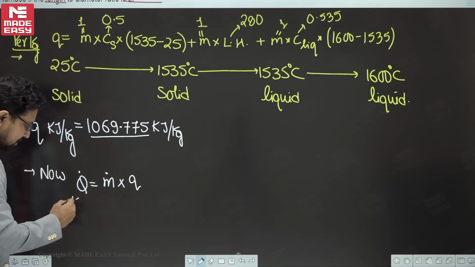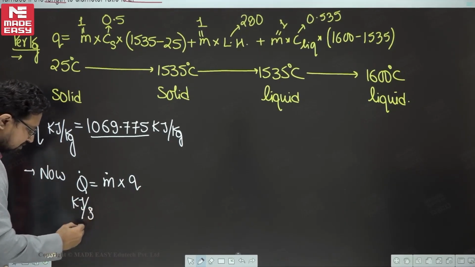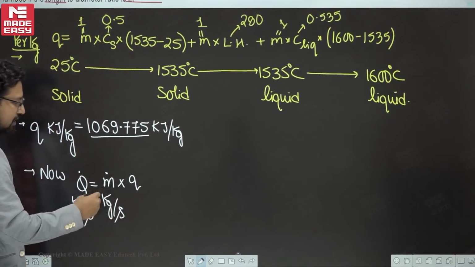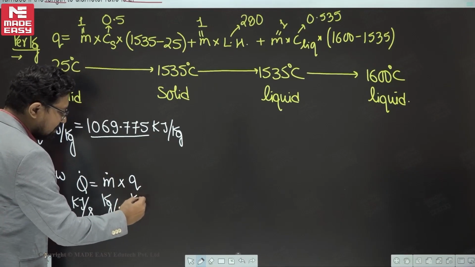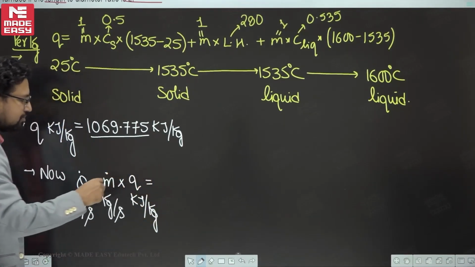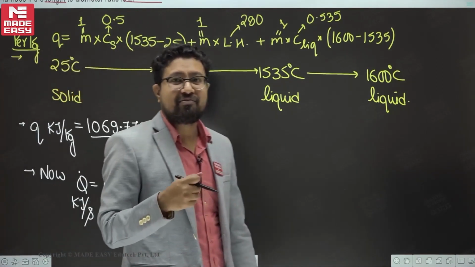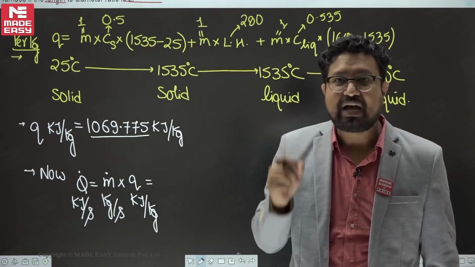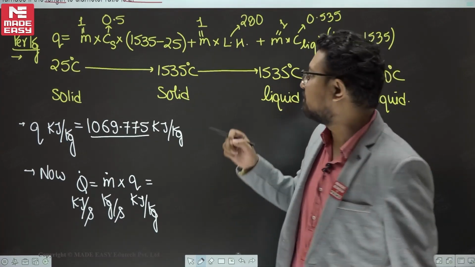So whatever is the kilojoule per second heat required will be equal to the number of kilograms per second you need to melt into the energy required in kilojoules to melt 1 kilogram. How much mass do we need to melt? We need to melt 5 tons.